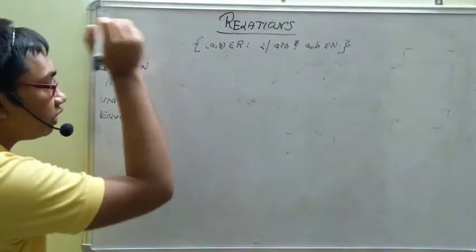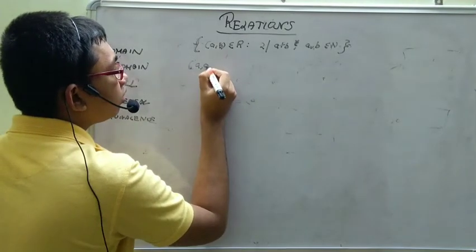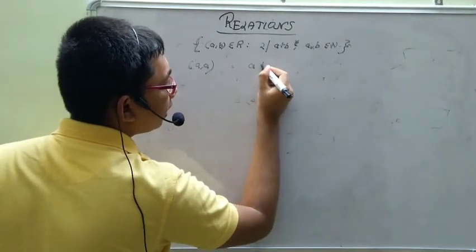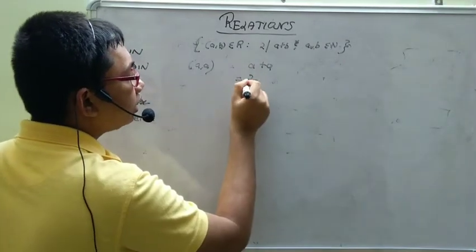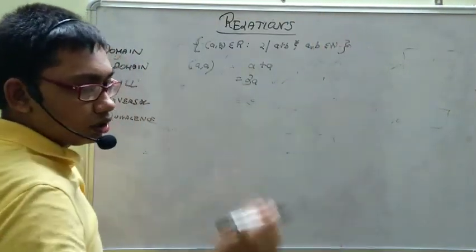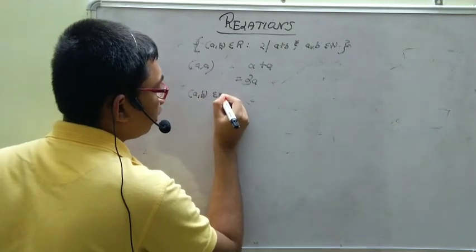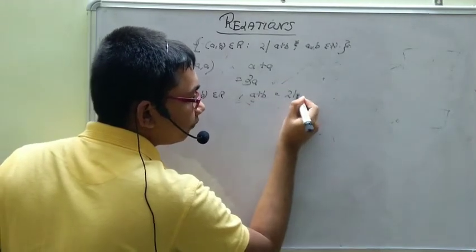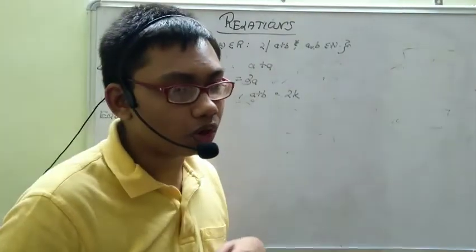First, we will check reflexivity. To check (a, a), what is a plus a? a plus a we can write as 2a. It is divisible by 2. Therefore, it is reflexive. Symmetric: if (a, b) is an element of R, then let us say that a plus b is equal to 2k, because 2 divides a plus b, so a plus b is a multiple of 2.